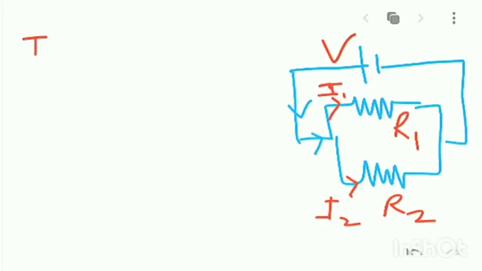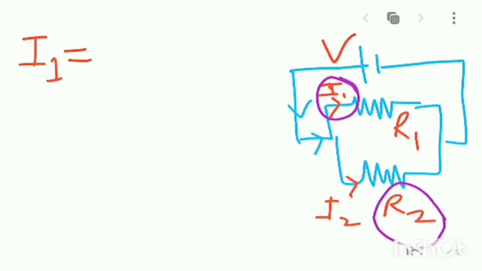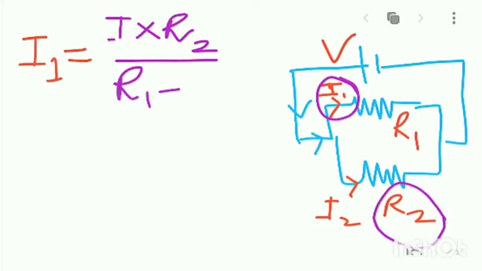I1, the current flow in the first branch, means the upper branch. The upper branch current flow is related to the lower branch resistance. That is, I1 equals I into R2 by R1 plus R2. This is the formula for the current flowing in branch 1.